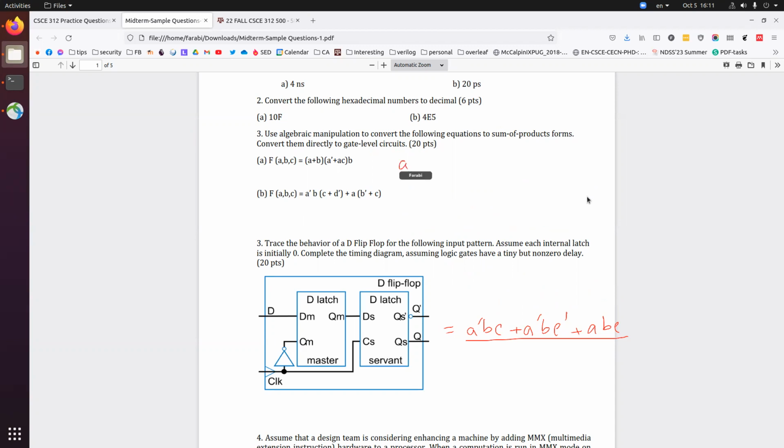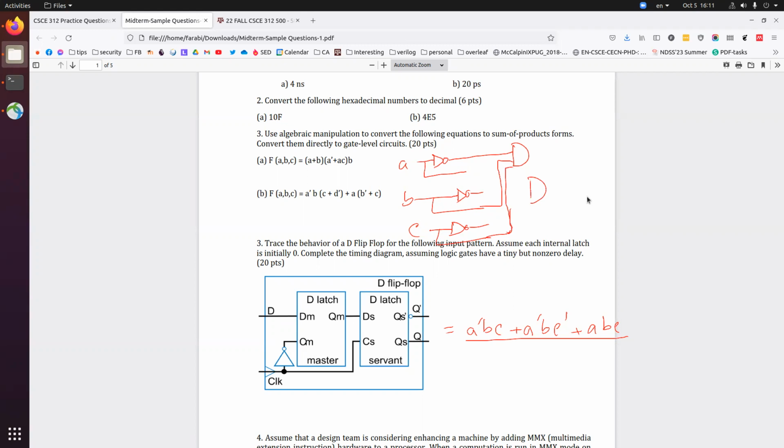We have A, and then A naught, B, and so on. Since these are minterms, we will probably need all of them, so I'll just use NOT gates. So this is A, B naught, A, B, C. The first AND gate takes A naught, B, and C, and then we will have another AND gate with A naught, B, C naught.